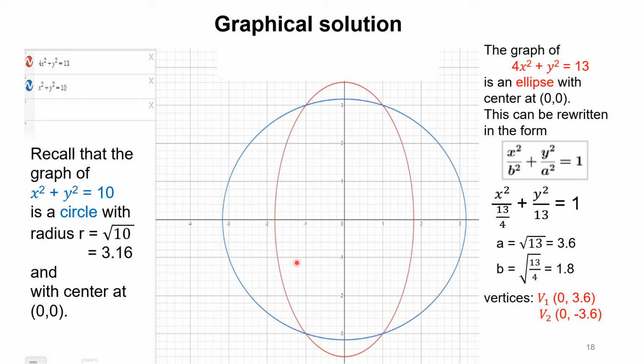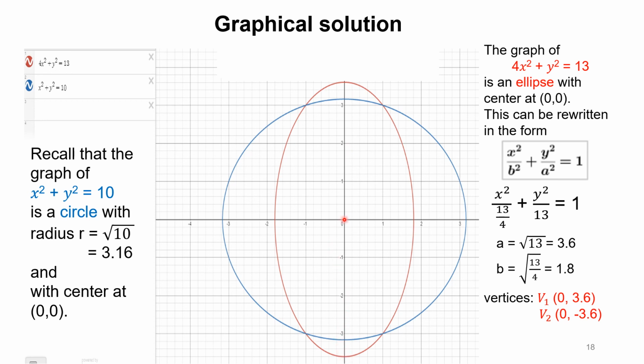If we take a look at this one, our major axis is on the y-axis, where x here is 0, so our V sub 1 is at this point 0, 3.6, and our V sub 2 is at 0, negative 3.6.